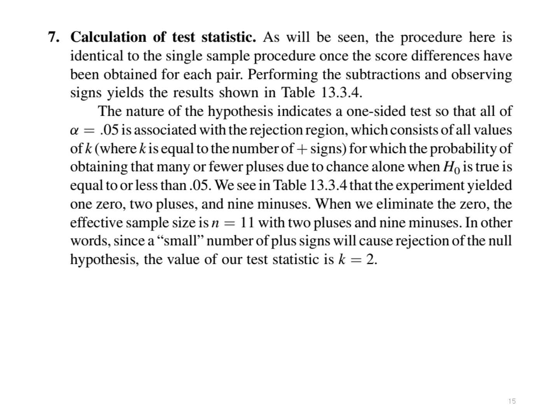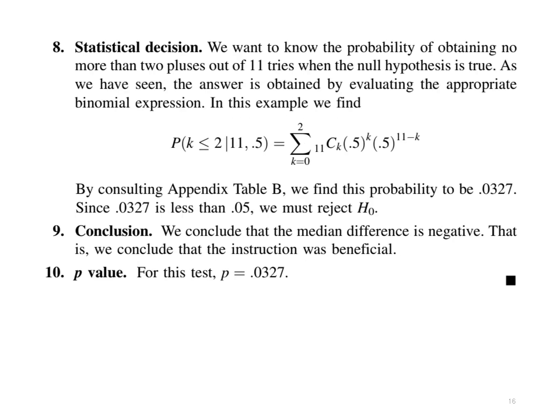Okay, so we have to take out the zero cases. We have to eliminate them. Then the cases are reduced to 11, 2 pluses and 9 minuses. Based on this, we calculate using the binomial distribution, as you see here.